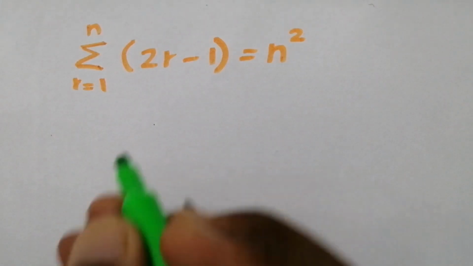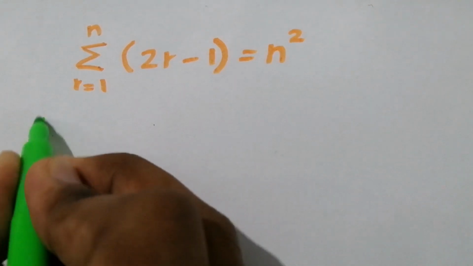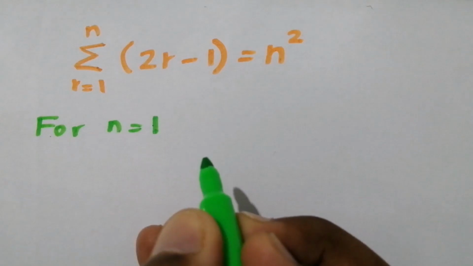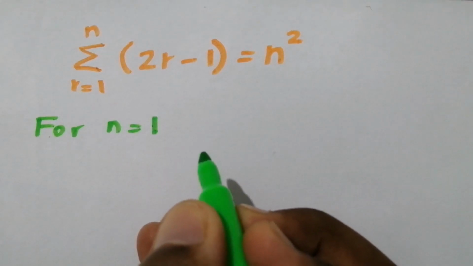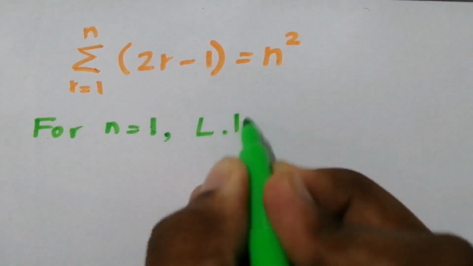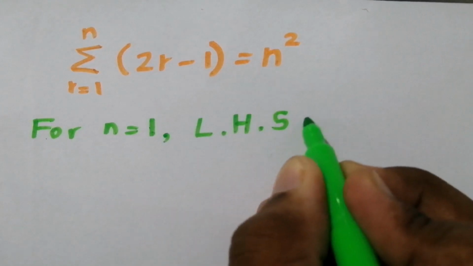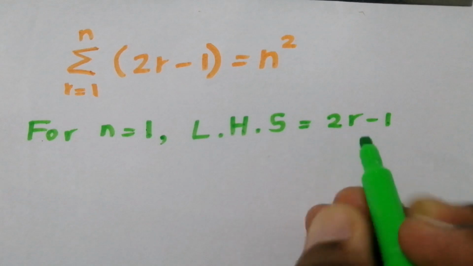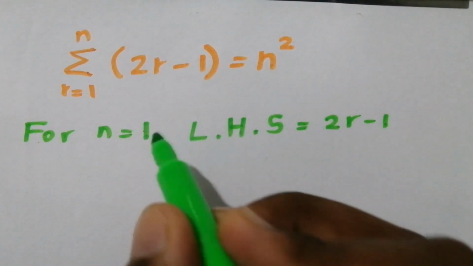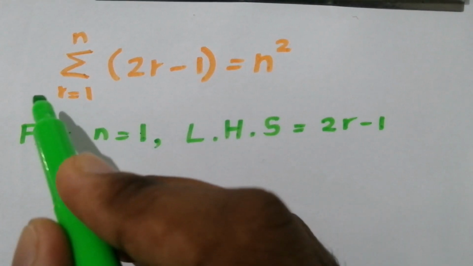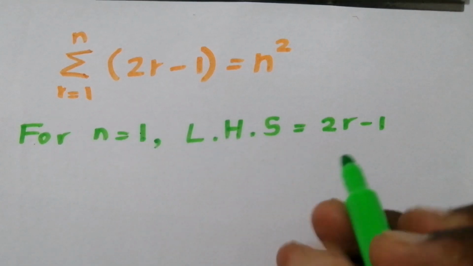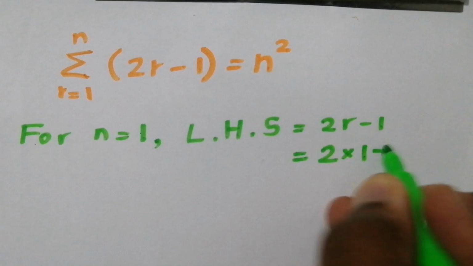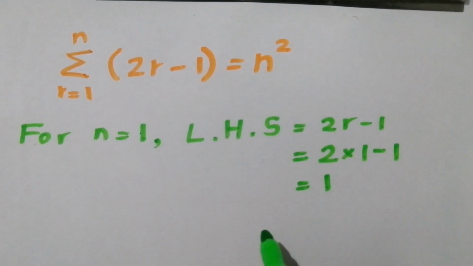For n equal 1, I am taking the left hand side, which is 2r minus 1. Now instead of r we substitute 1, because we are checking whether the result is true for n equals 1. Then 2 times 1 minus 1 is equal to 1.